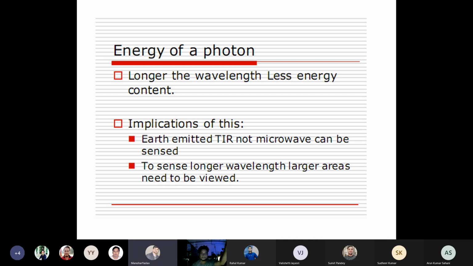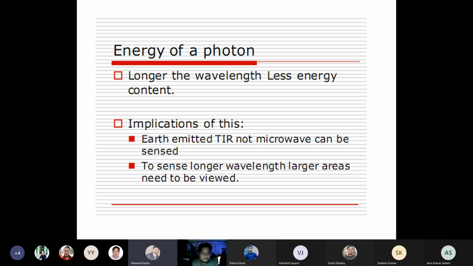So energy emitted or radiated from the earth's surface in the thermal infrared band is sensed, while it can't be sensed in microwave, because we don't have a radiated component in microwave from the earth's surface. So if our sensor only senses the emitted component, then in case of earth we have sufficient energy available in the thermal infrared band. Now, to sense longer wavelength, larger areas need to be viewed.